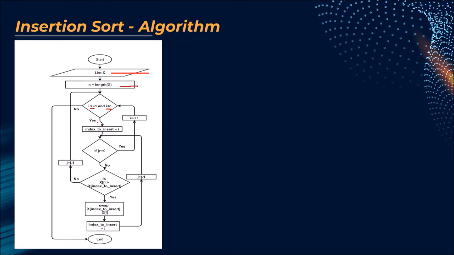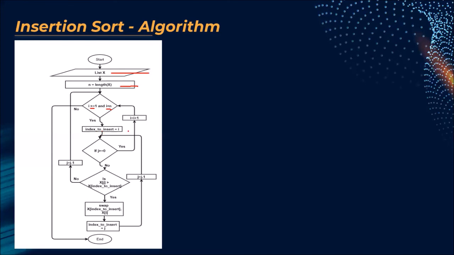Now, for each iteration, we take that particular element's index to insert. So at the start, the index wherein that element needs to be inserted is equal to the current element's position itself, which is denoted by the first element of the current unsorted part.